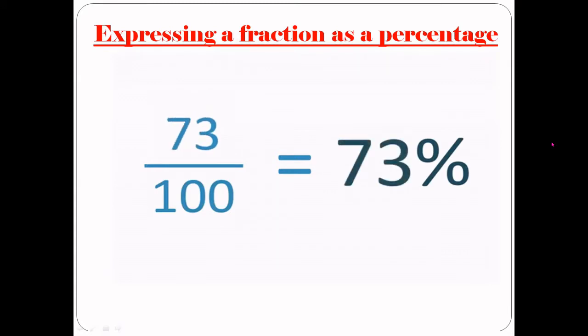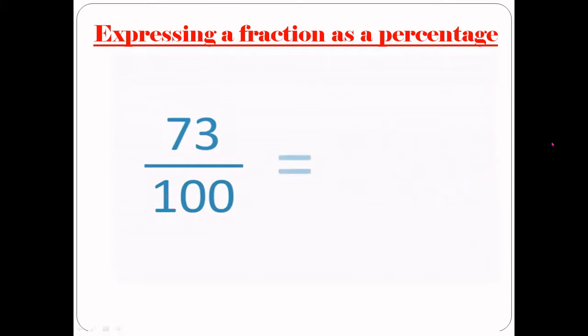So how to write a fraction with denominator 100 as a percentage? If the denominator is 100, write the numerator as the answer and put the percentage sign. That way we can express a fraction as a percentage.